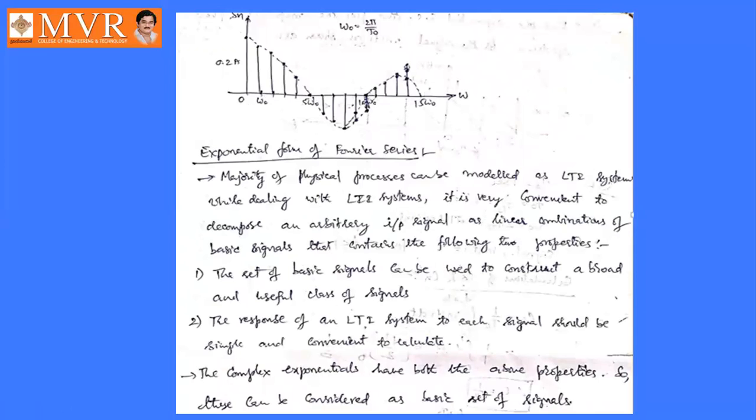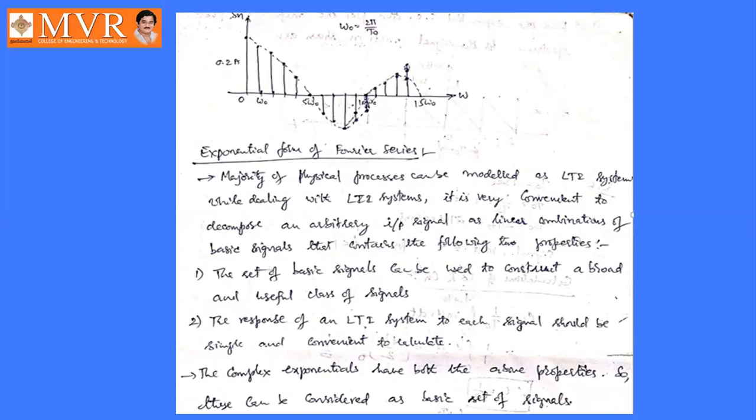So this is about the trigonometric form of the Fourier series, and some problems related to it. What we have done here, we calculated the trigonometric Fourier series coefficients, those are a naught, an, and bn, using the formulas. After that, for simplicity, the arbitrary form m of t can be converted into its polar form, that is s of t.